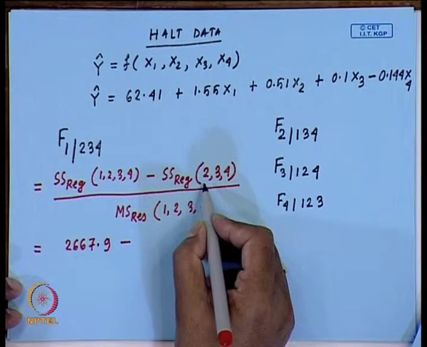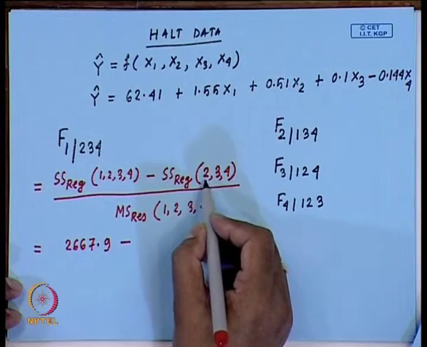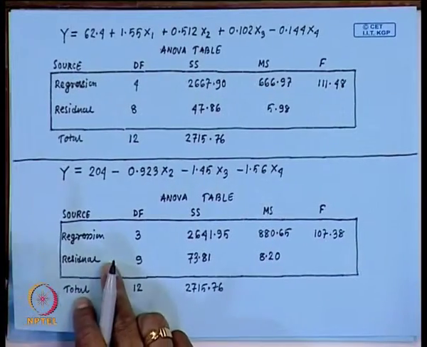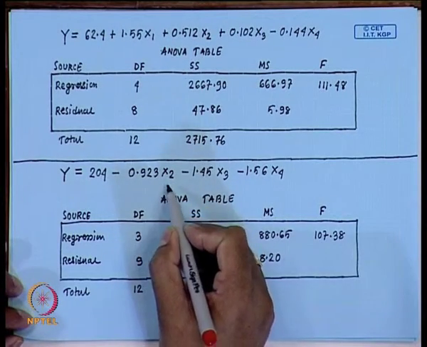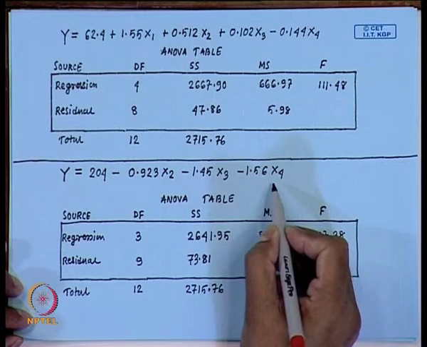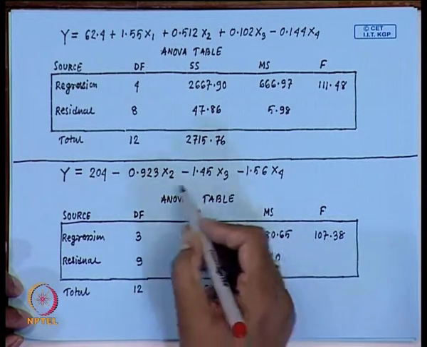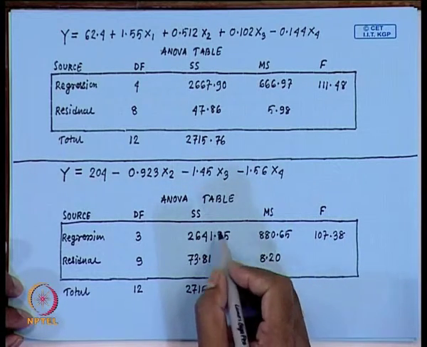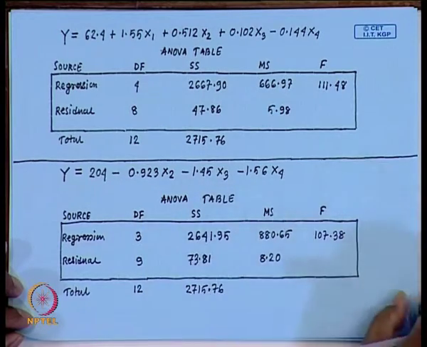minus the SS regression for the model involving x2, x3, x4. So, again I need to fit the model involving x2, x3 and x4, and here is the associated ANOVA table for this model, and my SS regression for this model is 2641.